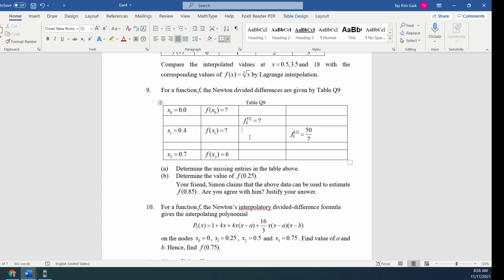I think the exercise that I gave to you is missing this data: f11 equal to 10.